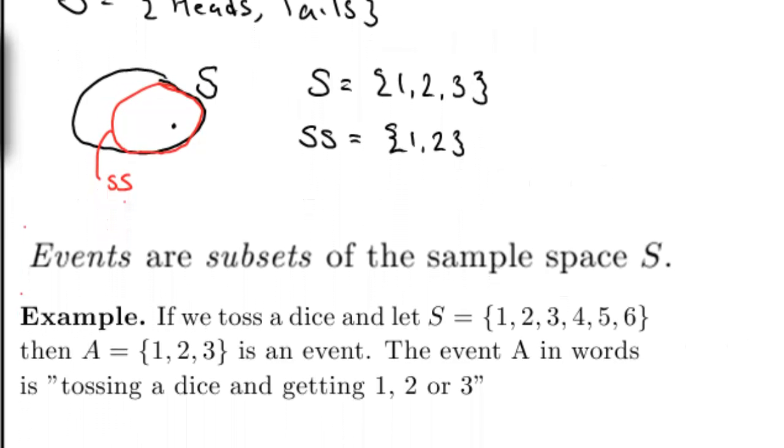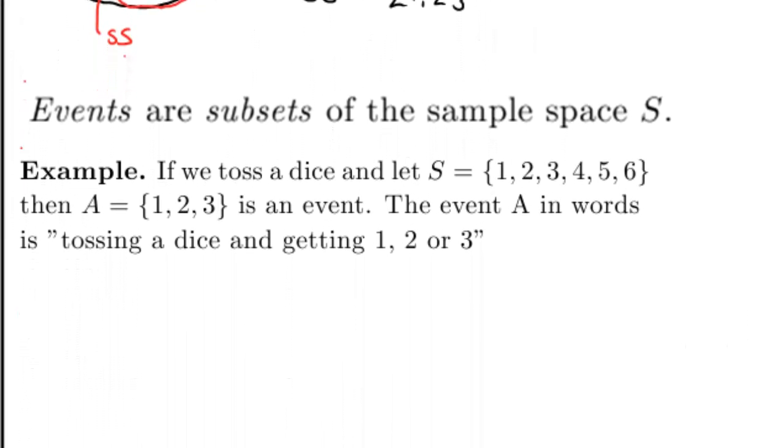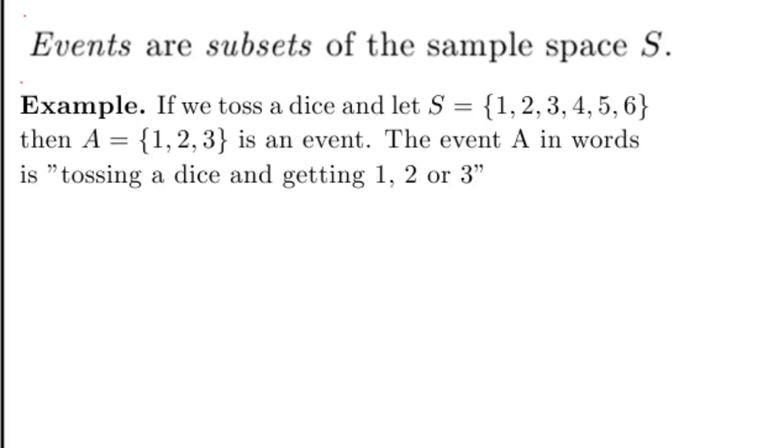Here's a simple example. The experiment is tossing a dice and the sample space S consists of 1 through 6. Then any subset of this S, such as A, consisting of 1, 2, and 3, will be an event. And in words, this event is simply tossing a dice and getting 1, 2, or 3.